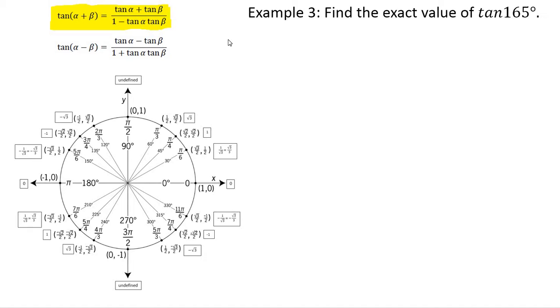So tangent of 165, what we're saying is that's the equivalent of tangent of 45 plus 120, right? So this is going to be my alpha, this is going to be my beta.